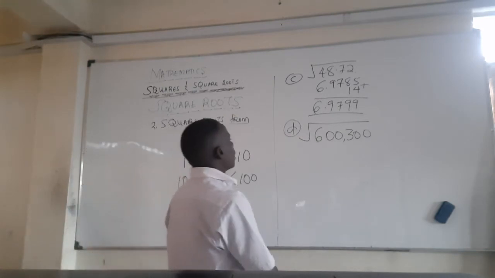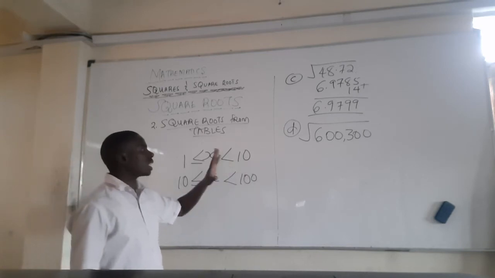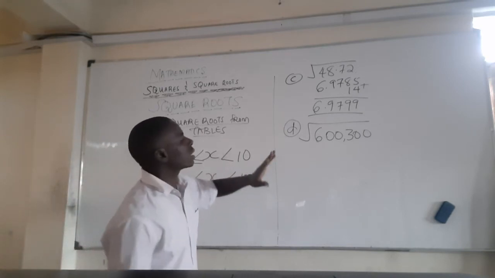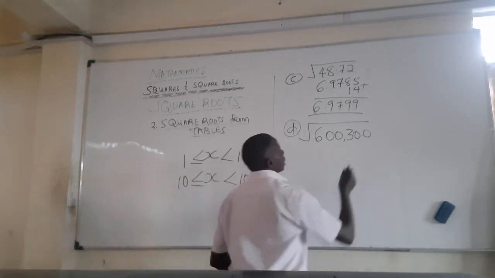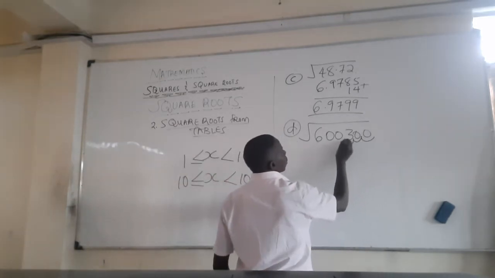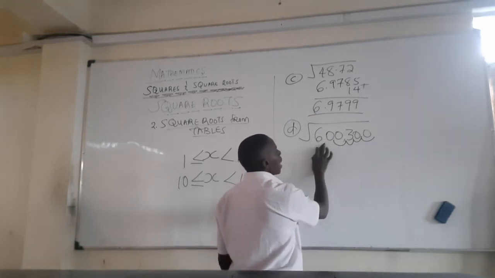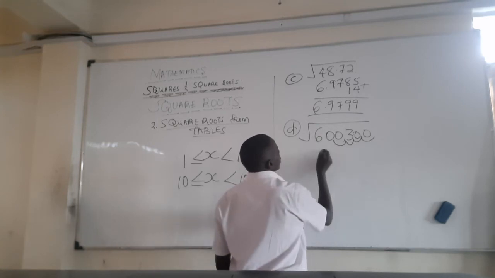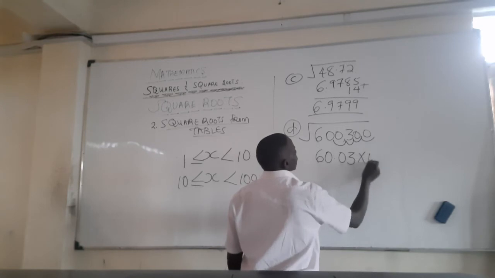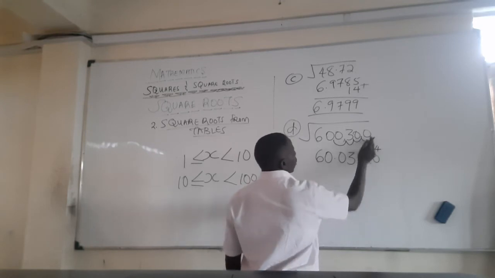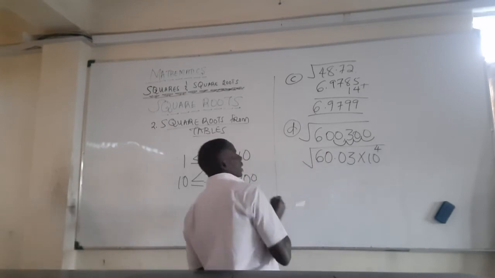The first thing here, this number is beyond 100, so we have to write it so that it is going to follow either the first table or the second table. So we get 1, 2, 3, 4. We don't go to the fifth because 5 is not divisible by 2. So we reach there and you get 60.03 times 10 power positive 4.